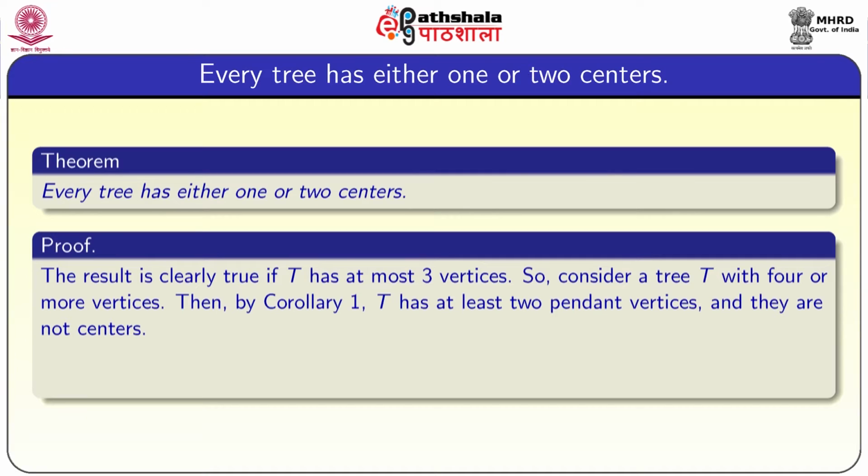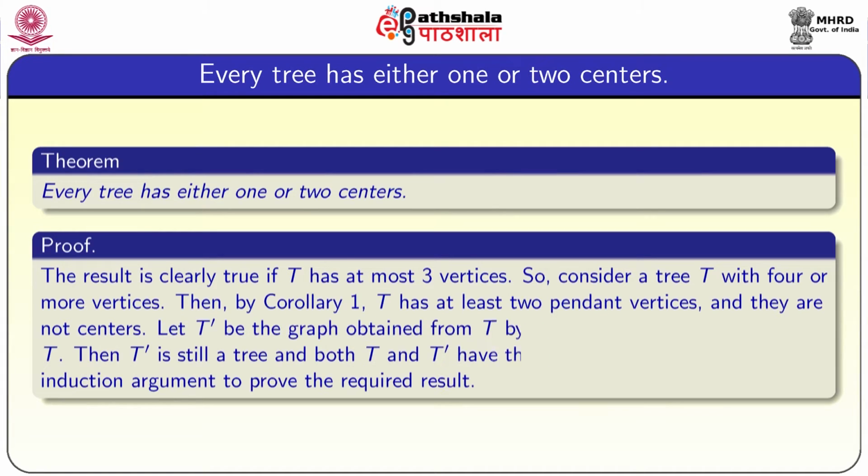Then by Corollary 1, that is the previous result, T has at least 2 pendant vertices. This we showed, that every tree has at least 2 pendant vertices. Since this tree has at least 4 vertices, the pendant vertices are not centers.